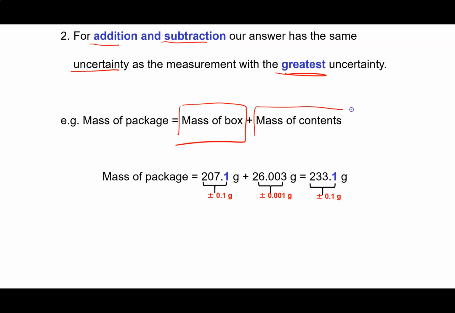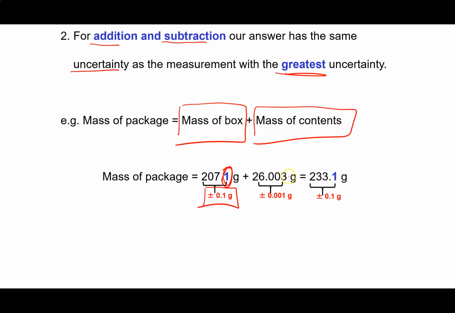And then inside that you put some contents, and these are little itty bitty things that you're going to weigh on a smaller scale, and that smaller scale has a greater number of decimal places, so you can measure things to a greater degree of certainty. So the box we measure to be 207.1 grams, and we're guessing about the 0.1. So that means that the uncertainty is plus or minus 0.1 gram.